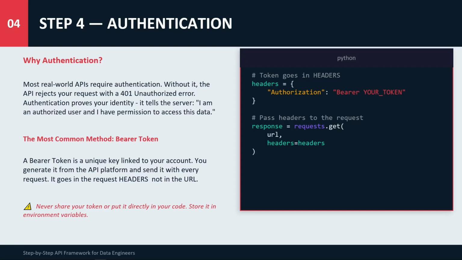The most common method that we use is a bearer token, but we have many others, but the one that I really use is a bearer token. Most important, don't share your API token. If you share it, the person will be able to hit your API.